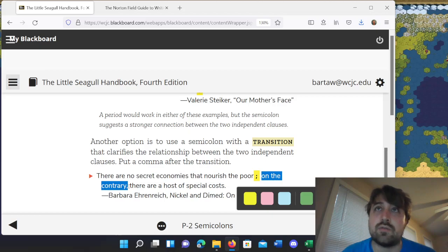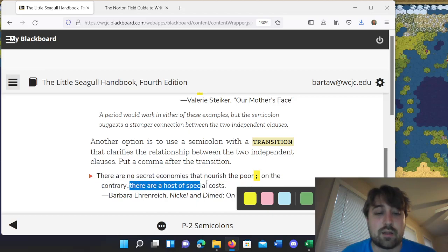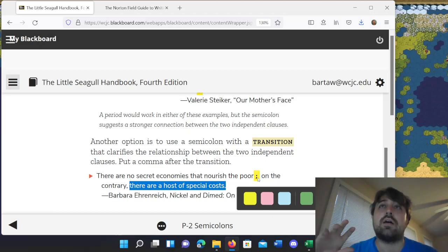That's a transition phrase, and it connects this independent clause to this independent clause. Both of these could be their own sentences, right? But by connecting them with a semicolon, they become one big idea with a combination of two independent clauses.